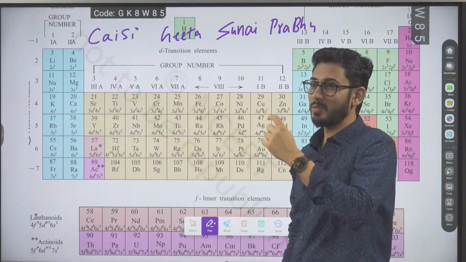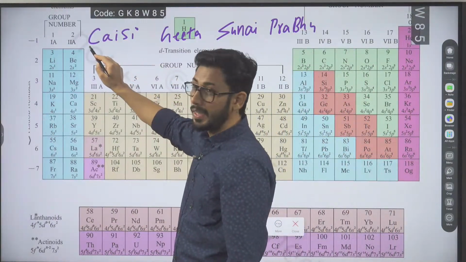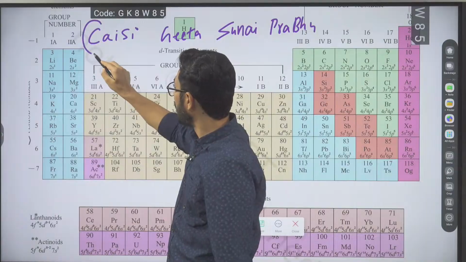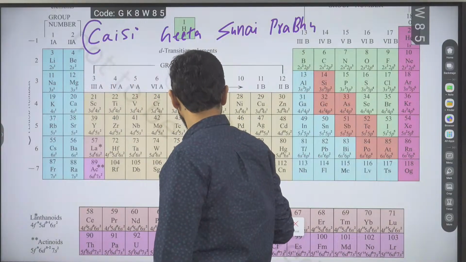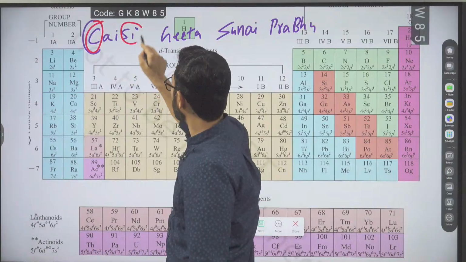One student said this one, Vinita. Other one I said, कैसी गीता सुनाई प्रभु. कैसी में extract which symbol, that one, carbon and silicon.